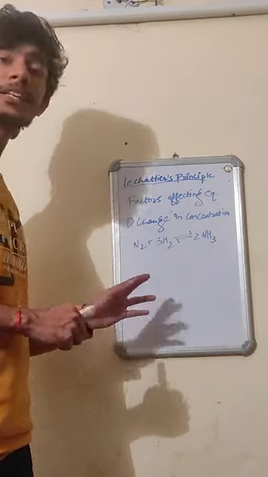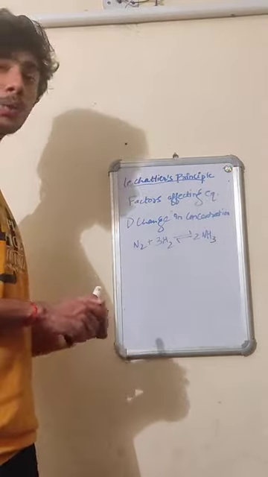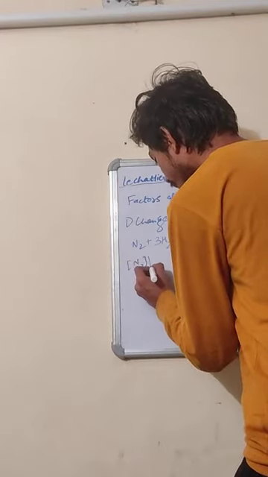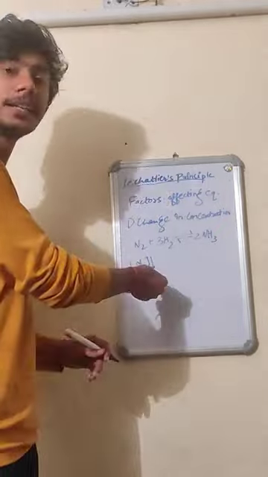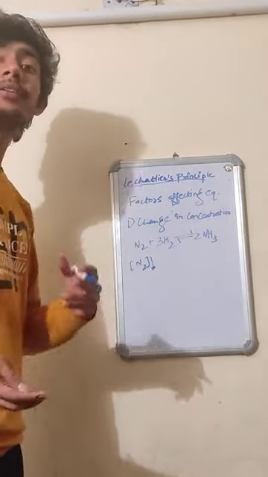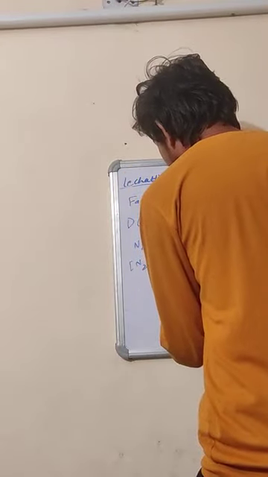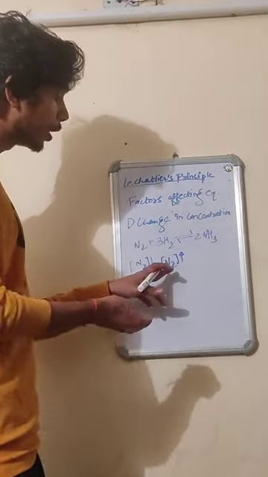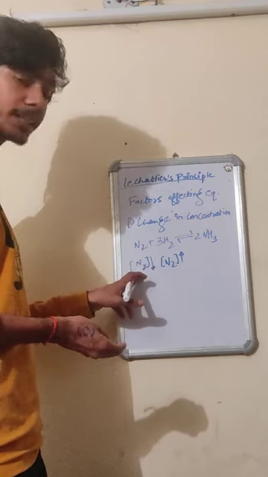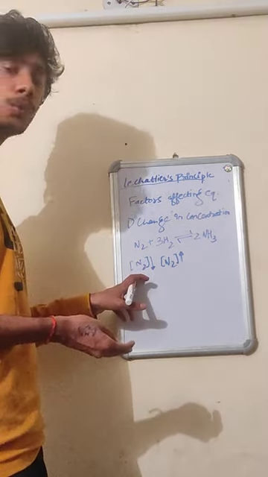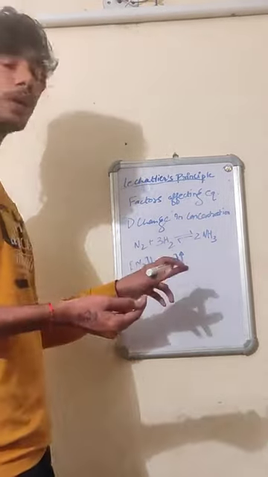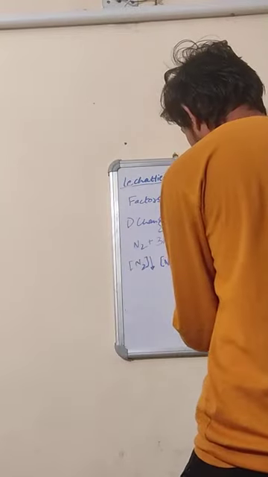Let's suppose we decrease the concentration of N2. So our change is the decrease in N2. The equilibrium will try to undo this change. We have decreased the concentration of N2, so the equilibrium will try to increase it. So the reaction will move backwards.